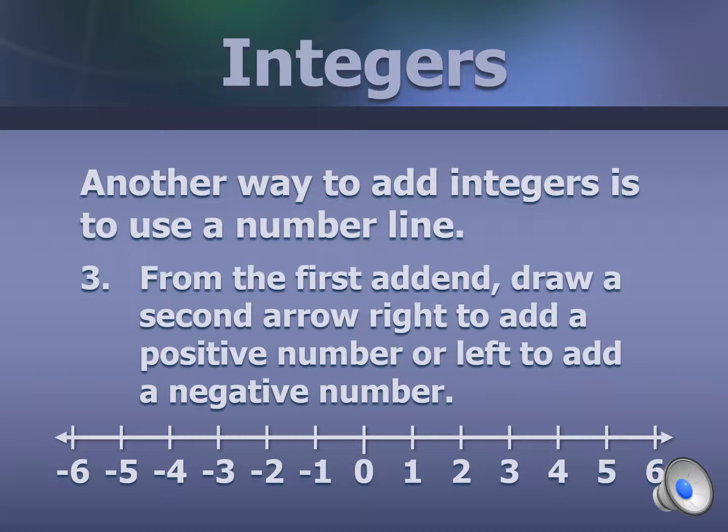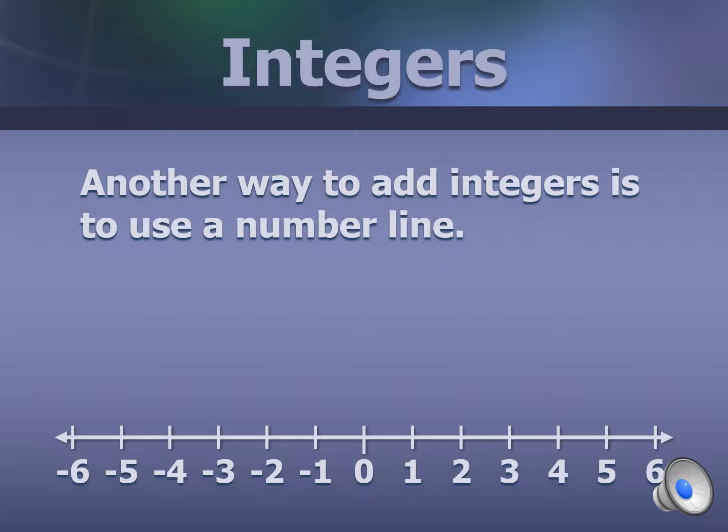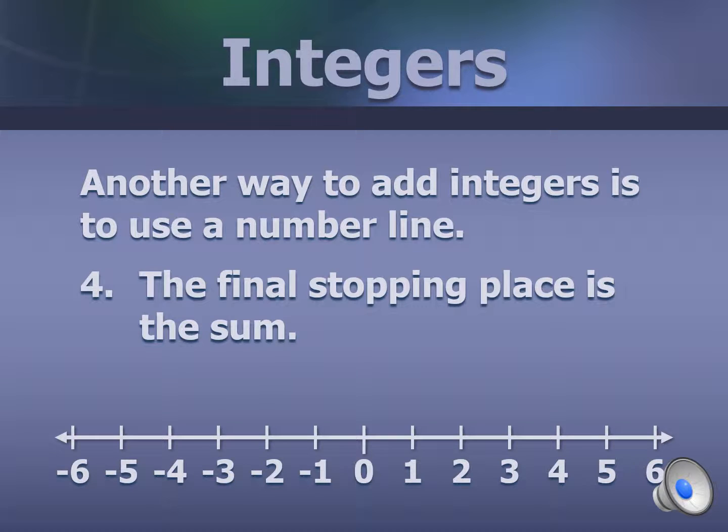The third step is from the first addend, draw a second arrow right to add a positive number or left to add a negative number. And the final step is that the final stopping place is the sum or the answer. So let's take a look. Let's actually put those steps into practice and see how that works.